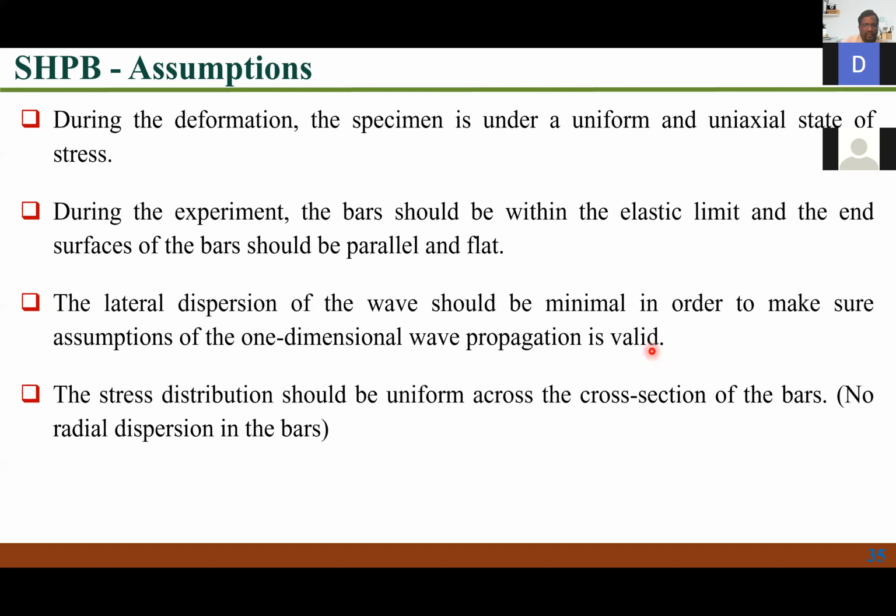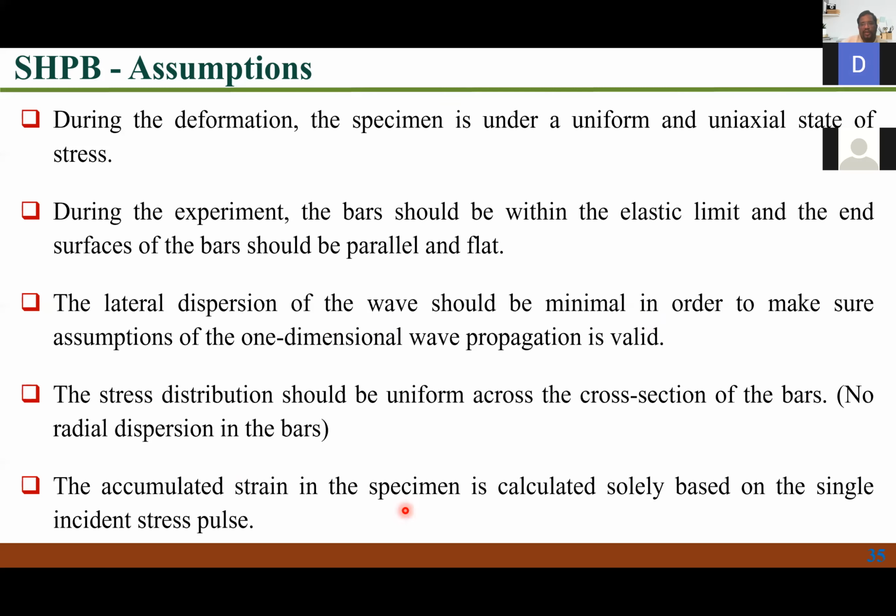The stress distribution should also be uniform across the cross section of the bars, so there is no radial dispersion in the bars. And the accumulated strain in the specimen is calculated solely based on a single incident stress pulse. So whatever the striker hits, we assume that the strain accumulated in the specimen is only because of this single incident stress pulse. That is another assumption.